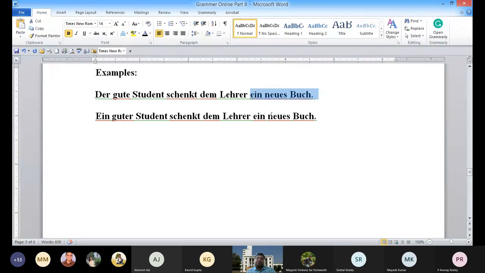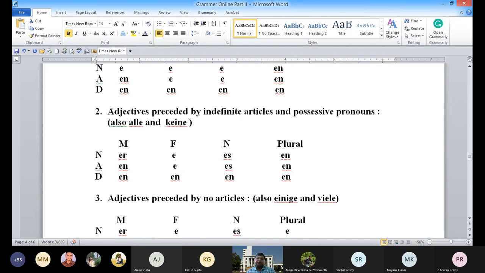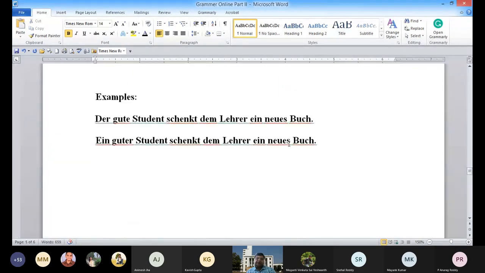Ein neues Buch. Now here, ein neues Buch, this is the accusative, and ein is an indefinite article. So indefinite article means you have to concentrate on the second group. Book is neuter gender, so neuter gender adjective endings will be es, and that is the reason that here neu is new.